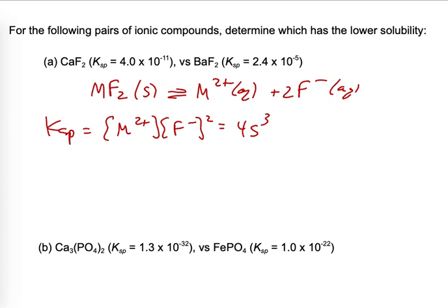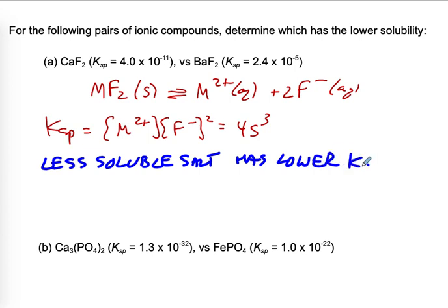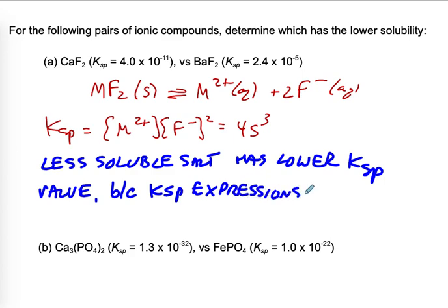So if the KSP expression, expressed in terms of the solubility S, is identical for the two, we can assume that the less soluble salt has the lower KSP value because the KSP expressions are the same. So we would conclude, and we would verify if we went to the trouble of doing the calculations, that calcium fluoride with the lower KSP value would be less soluble.